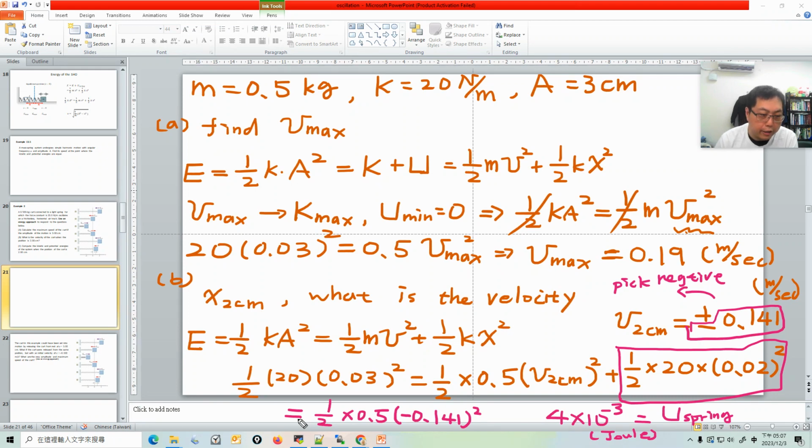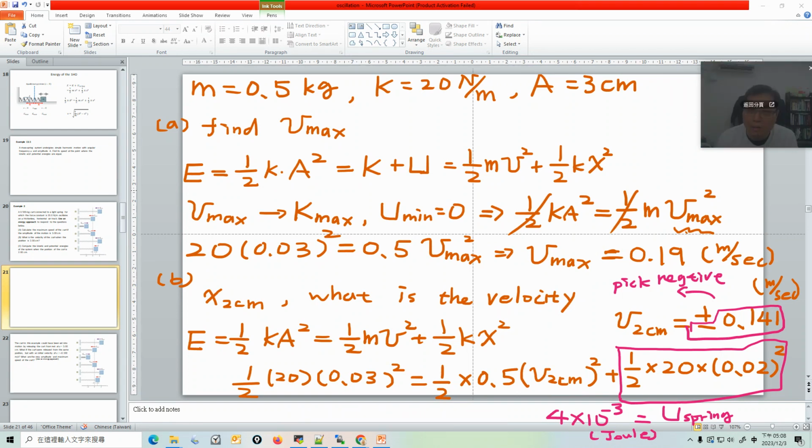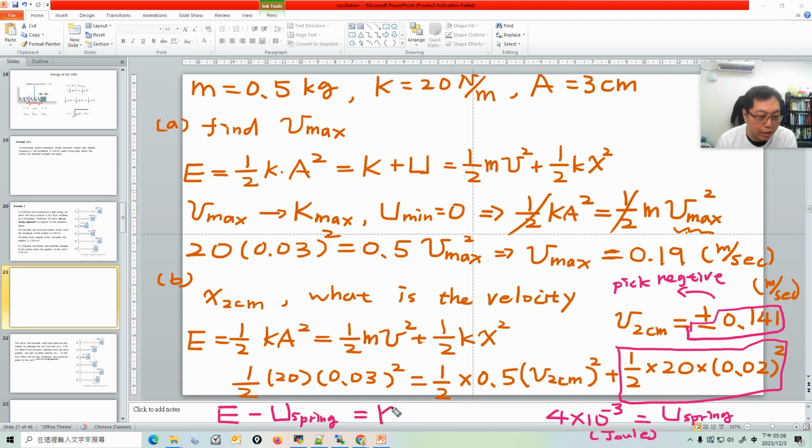If you calculate the kinetic energy directly, the answer is not really good looking because of the numerical issue. So we use another way: the total energy minus the spring potential energy equals the kinetic energy.